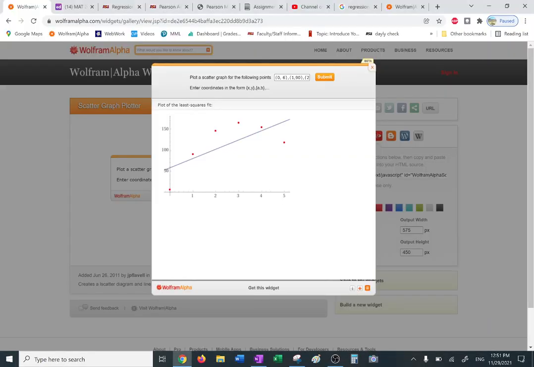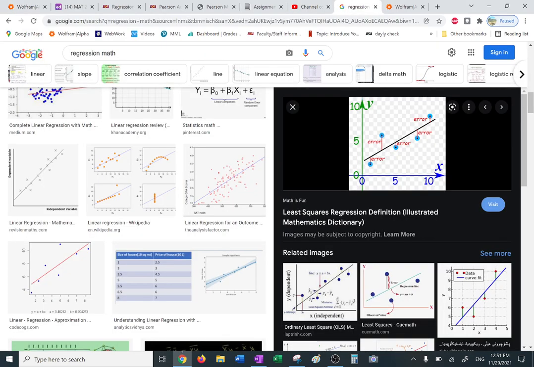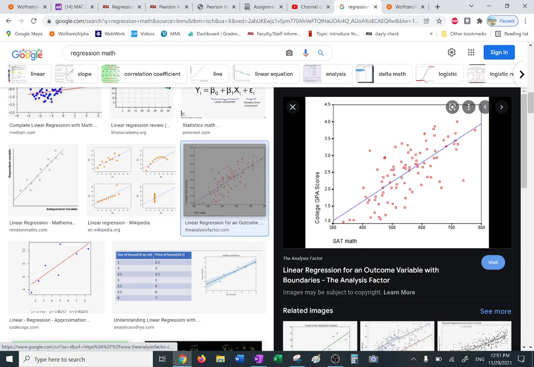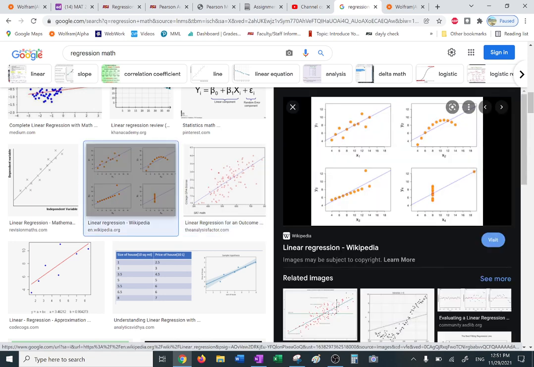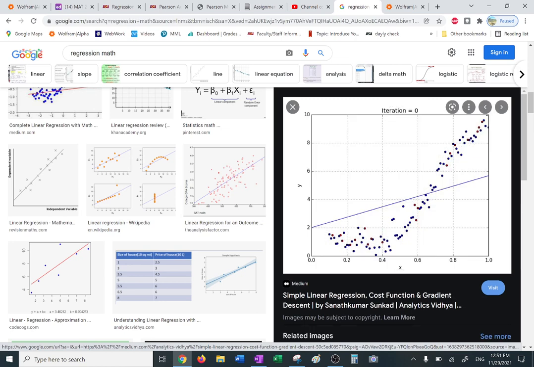It will look like so. Let's see. For example, while you're playing with the calculator, we'll show you fun stuff. It will look like so. Lots of points. That's college GPA, scores for SAT math, and so on. Or it might look like so. So the more data points you have, you just upload an Excel file, and then the computer will figure it out for you.